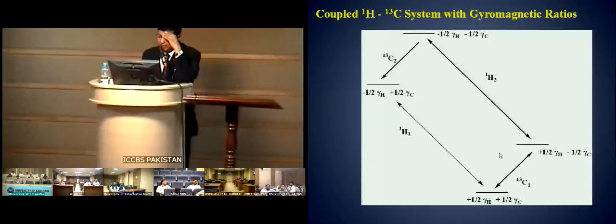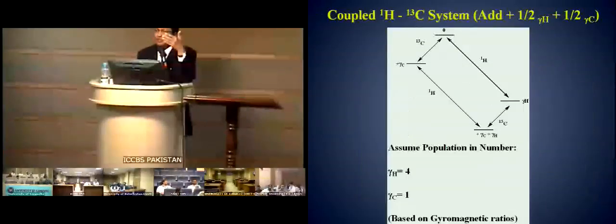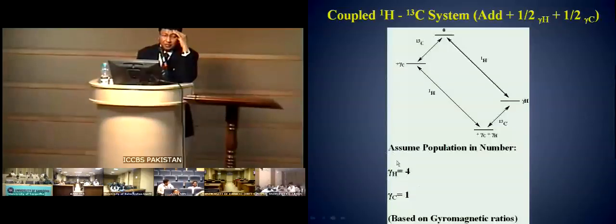Okay, I want to give it a number on the basis of gyromagnetic ratio. I want to make life much easier. Anyway, this is your gyromagnetic ratio for proton and this is your carbon, right?